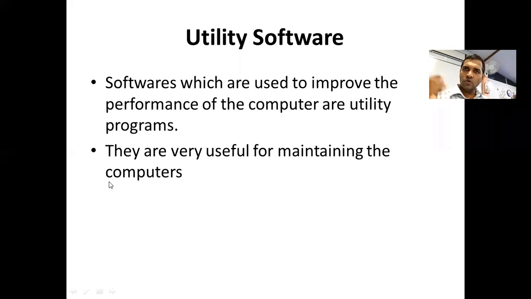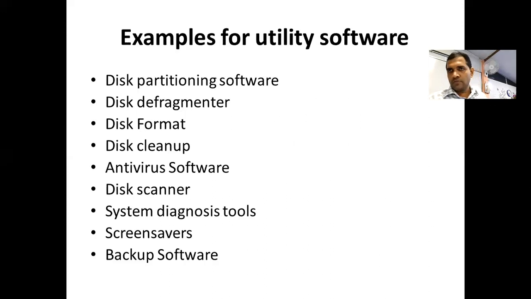Whenever you want to maintain your computer for a longer period and also with high performance and high efficiency, you must use utility programs. There are a number of utility programs, but we have to discuss some of the most important ones. Here I have mentioned only a few, but remember there are many utility programs used in computers.